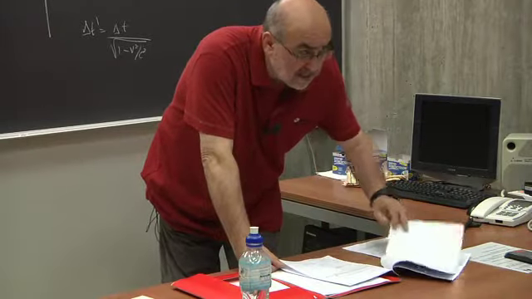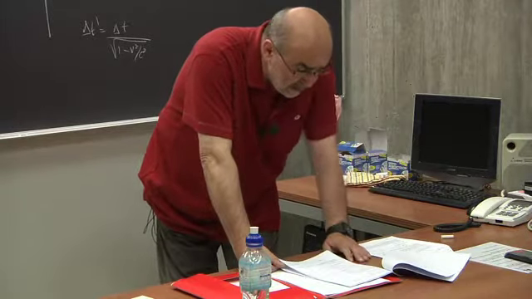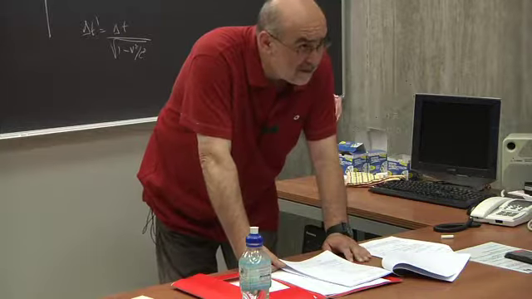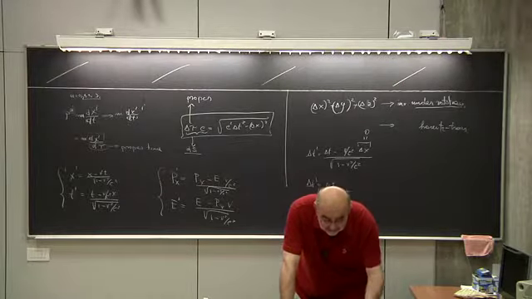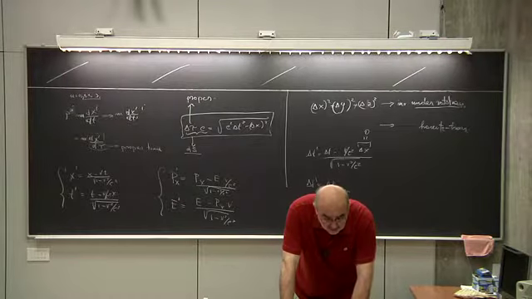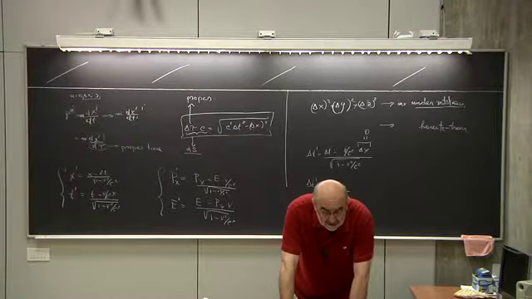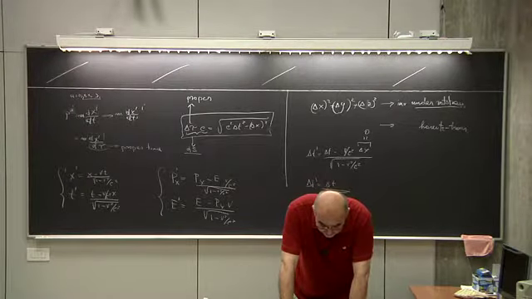In pages 7 and 8, I only talk about contraction of length. So L0 is in the rest frame with the system, and L is in the moving frame, okay? And then I prove at the end of page 8 that there is a contraction.